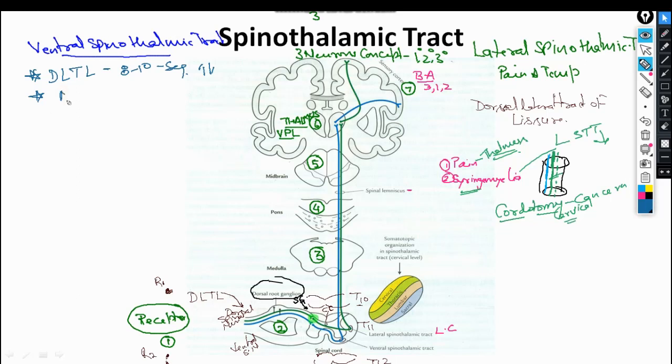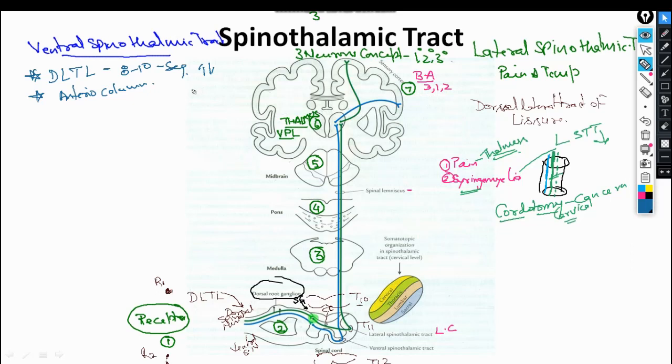So this goes to the anterior column instead of the lateral column. Clear? So it goes to this anterior column. The rest of the path remains the same. It passes through the medulla, pons, midbrain, reaches the ventroposterior lateral nucleus of the thalamus, then goes to the Brodmann's areas 3, 1 and 2. The rest remains the same.